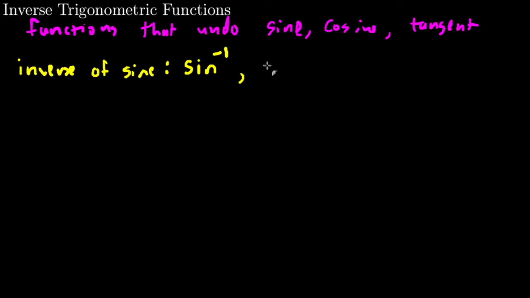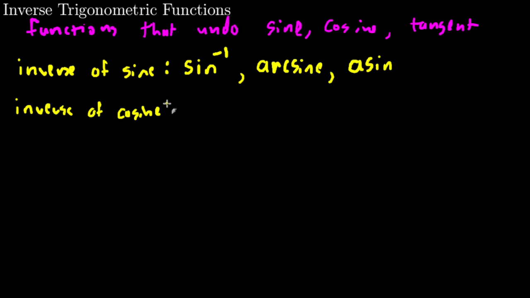But I've also seen it written or heard it written as arcsine, and I've even seen some computer programs that will use the command asine for the inverse sine. And so this notation means inverse. This arcsine or asine refers to the arc whose sine is some number. And similarly, the inverse of cosine will be this cosine with a negative 1. Also can be called arccosine.